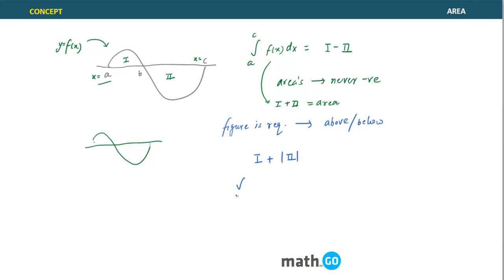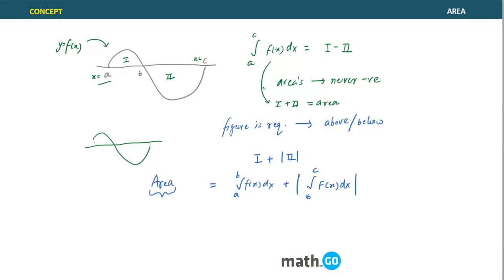You would do something of this sort: integral a to b f(x) dx plus integral b to c f(x) dx, but we know that the integral b to c f(x) dx will return a negative answer. That is why we put a modulus in front of it. Now this is the answer for the area bounded by the curve from a to c. This is how you have to apply the logic. I hope the logic is clear.